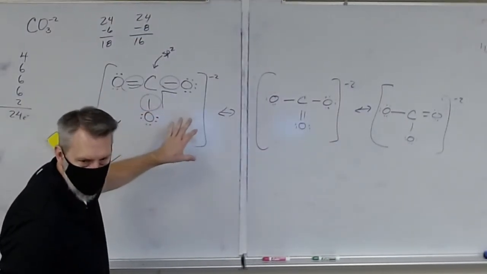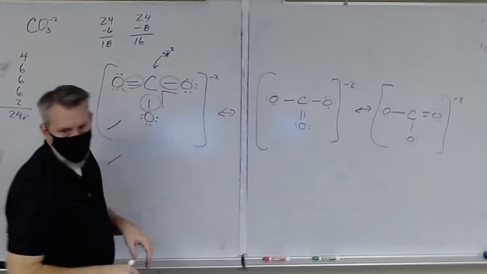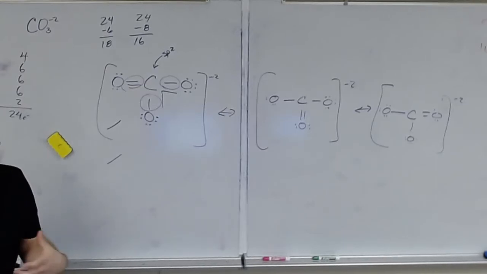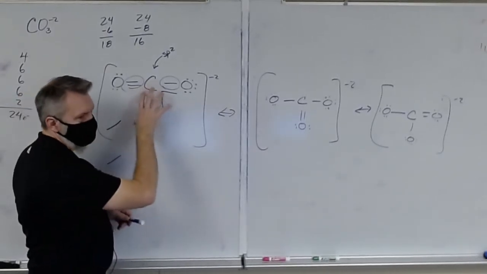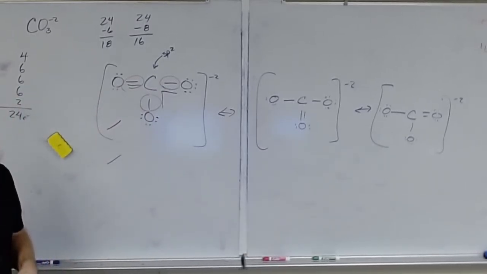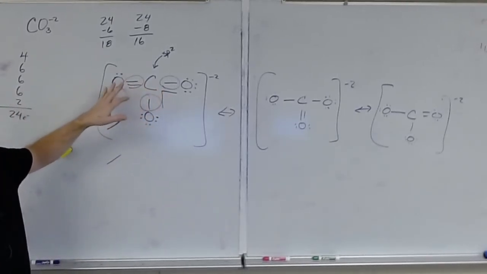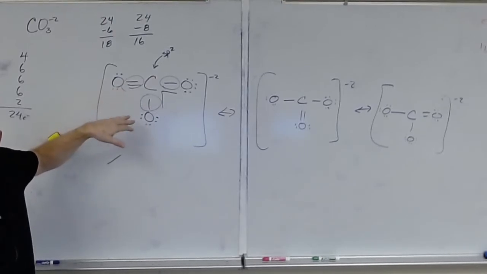Imagine the real structure is these 3 things laid on top of each other. Each of these has an equivalent bond of 4/3, right? So it's shorter and stronger than a single bond, but not as short and not as strong as a double bond.